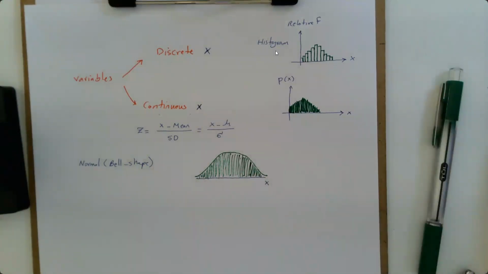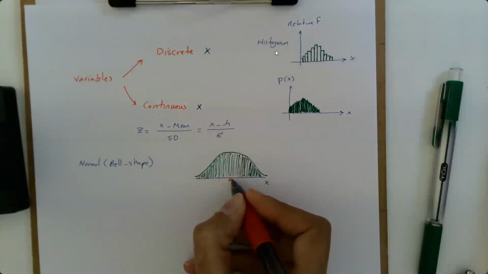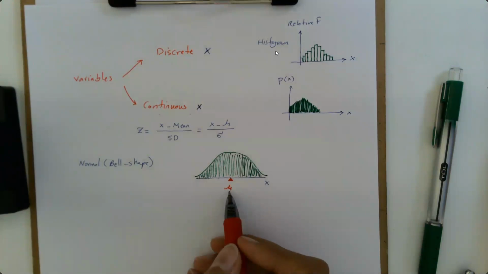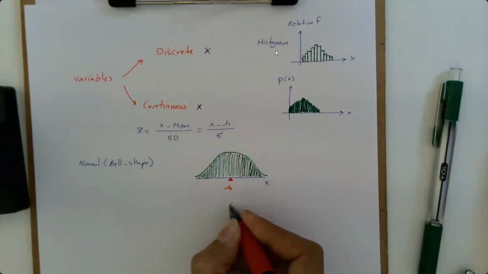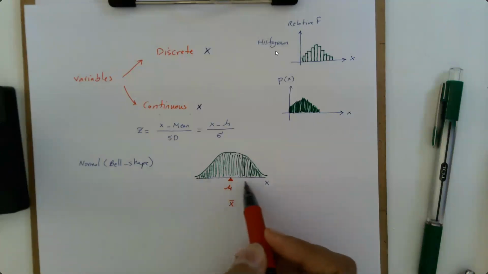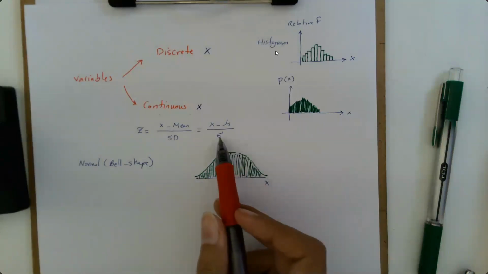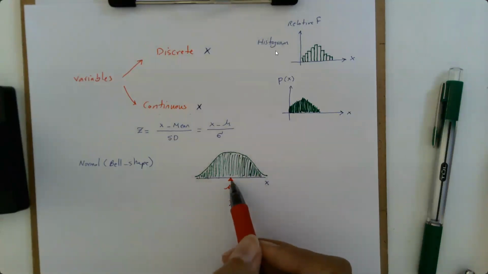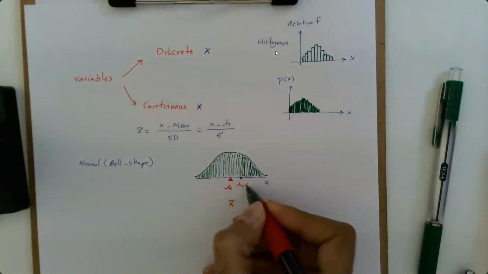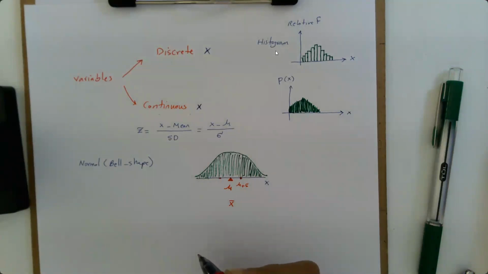Remember that the midpoint, the middle point, the center, the typical value in a normal distribution representing the mean. If you're working with population, it's going to be mu. If you're working with sample, it's going to be X bar. Then we started dividing up this line using sigma. Mu plus 1 standard deviation, mu minus 1 standard deviation.